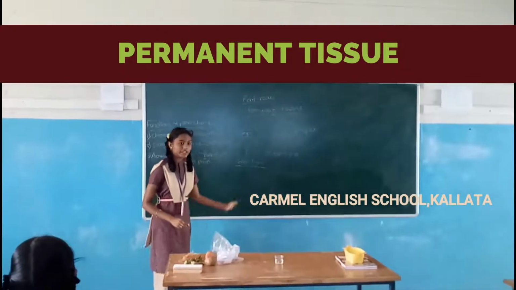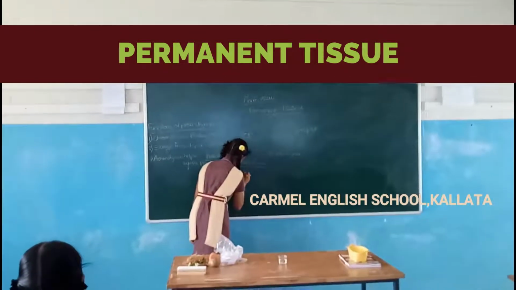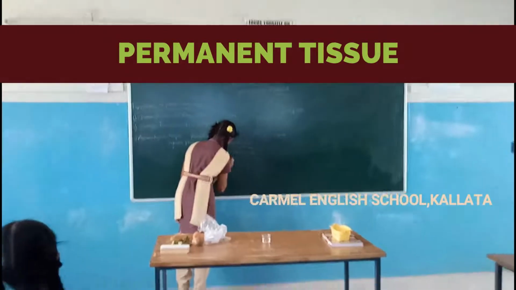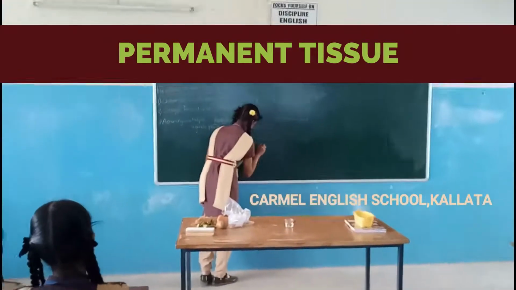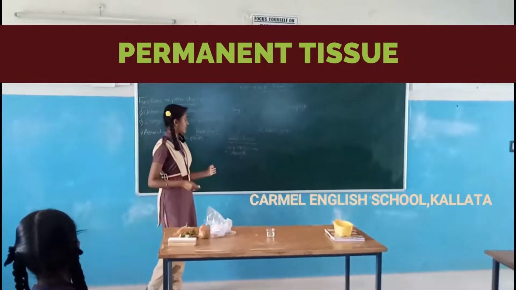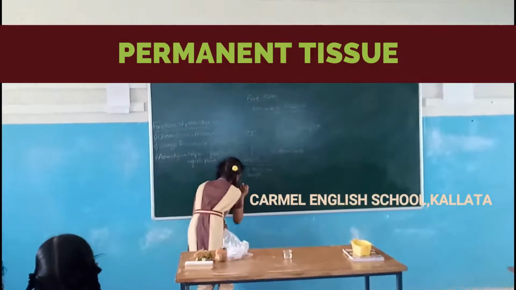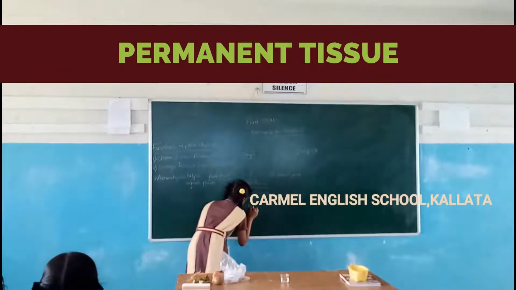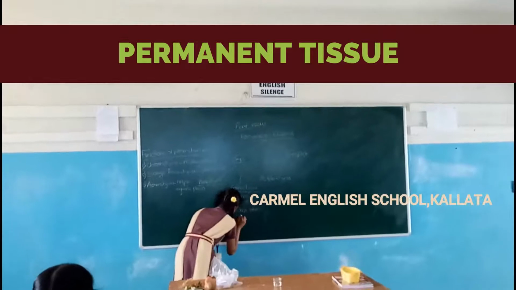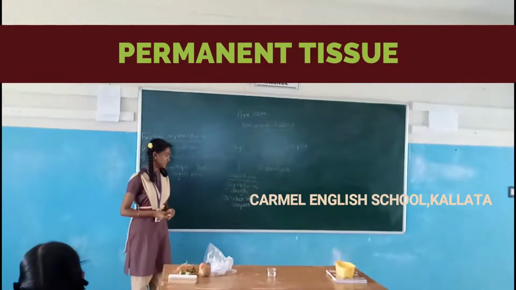Collenchyma gives mechanical strength to plants. Collenchyma is mainly present in stems, creepers, etc. And collenchyma are living cells.